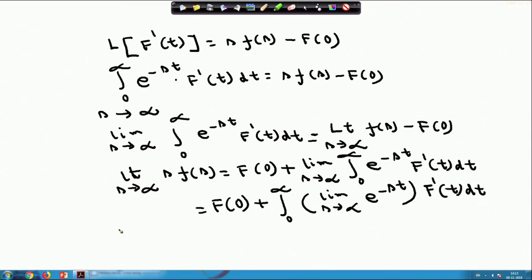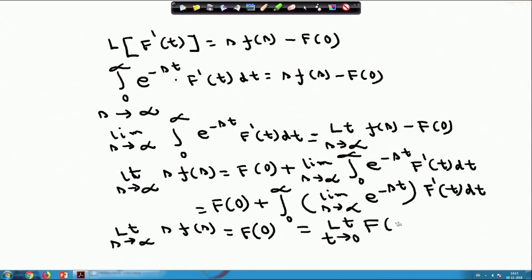So, what you are getting, limit s approaches infinity s f s is equals f 0, because this limiting value will approach 0, because limit s approaches infinity e power minus s t will become 0. And this f 0 we can write down as limit t approaches 0 f t.